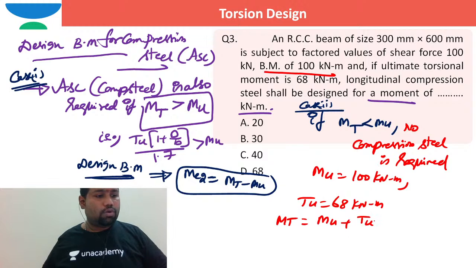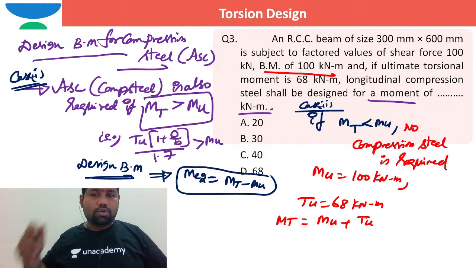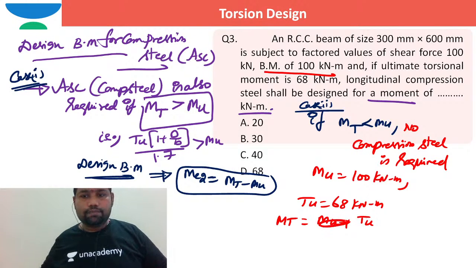Mt is equal to Tu into 1 plus D by b divided by 1.7.